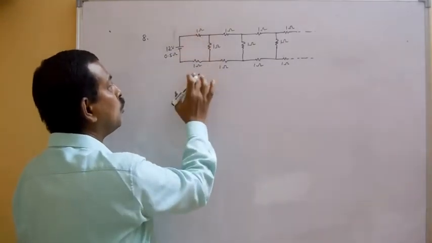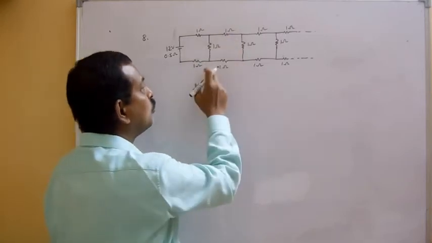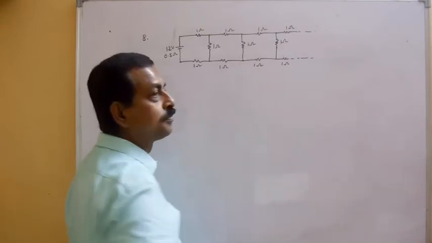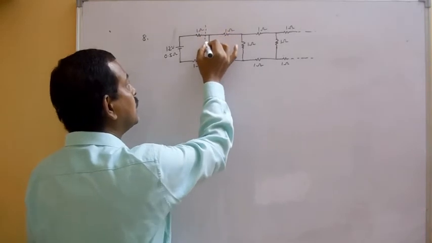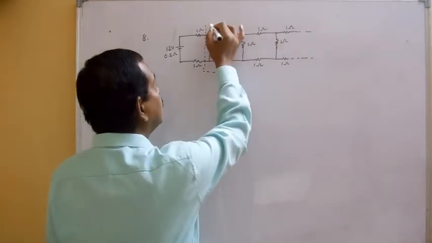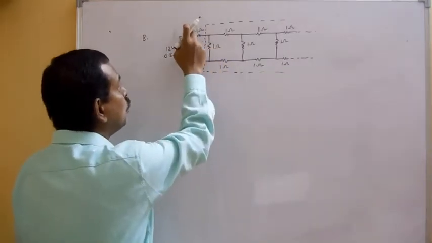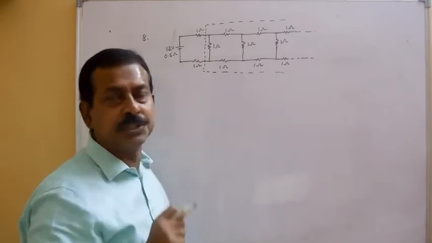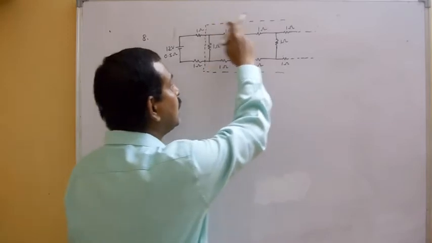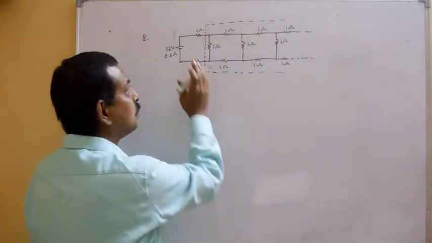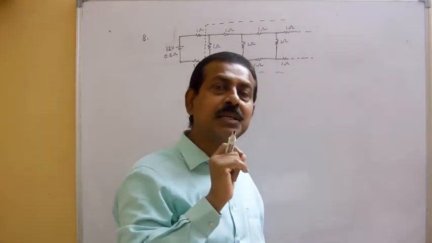You have 1 ohm connected, then 1 ohm connected across, then again 1 ohm across. Suppose I eliminate from this part, that means I treat these two 1 ohm resistances as one unit. We check whether what is inside the dotted part, after removing one unit, is exactly the same as the given network or not.